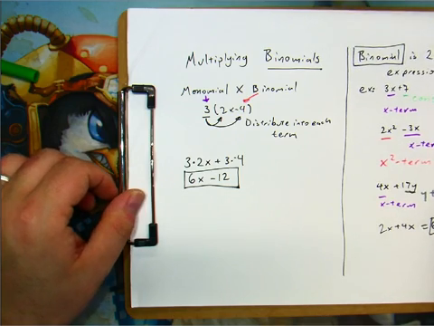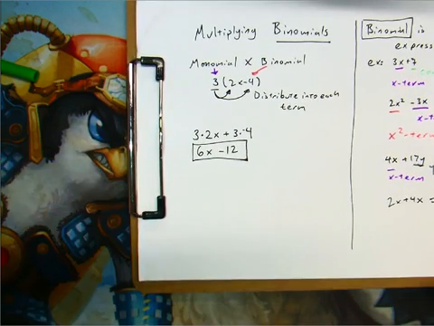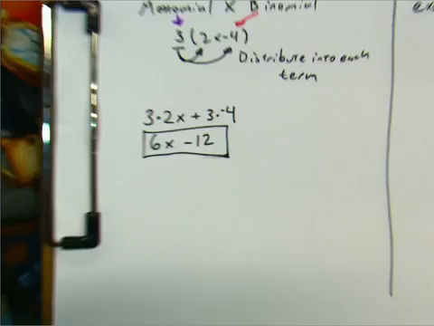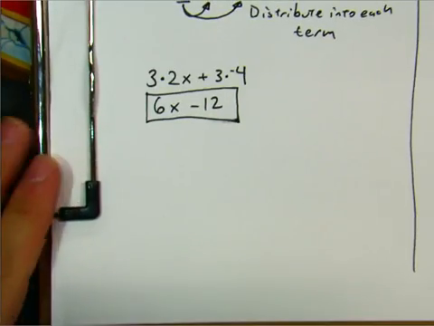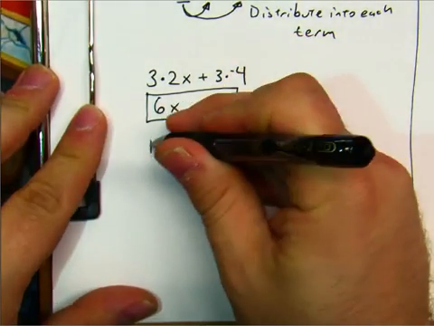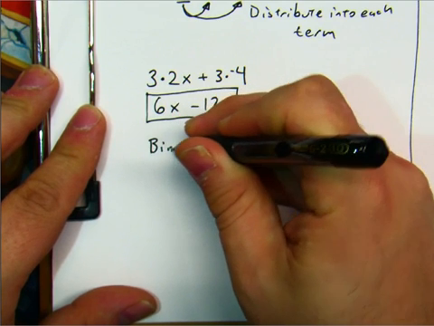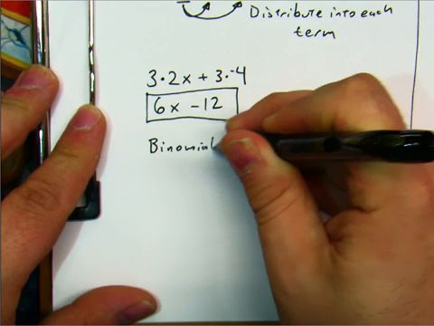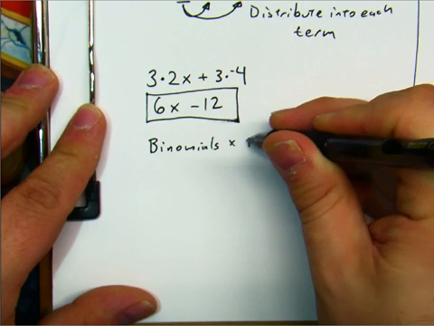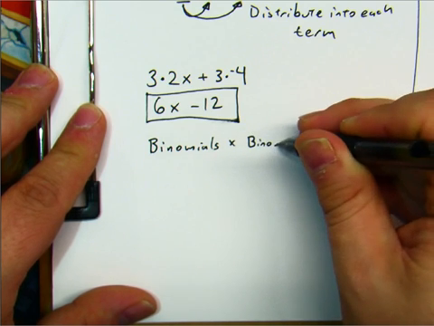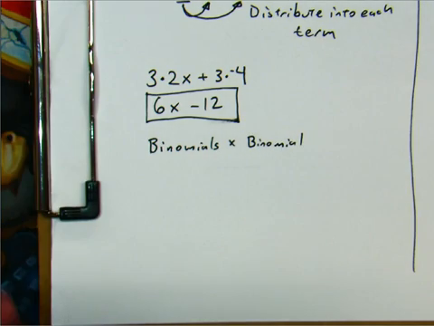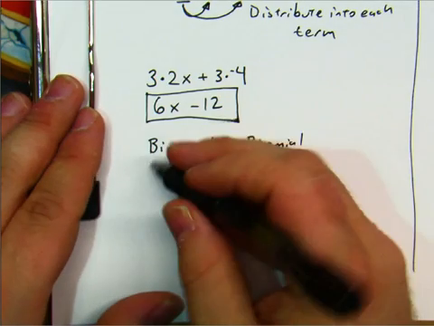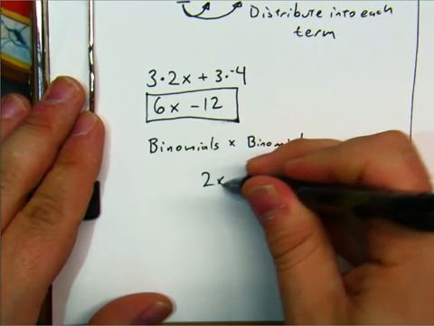Beautiful. Okay, so now where things get complicated, and I'm going to zoom in for this, make sure it's nice and big. Where things get complicated is when we start doing binomials times another binomial. So in this case, it might be something like, I'll keep my 2x minus 4.